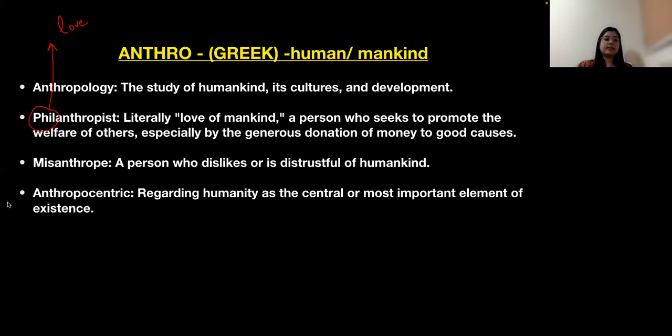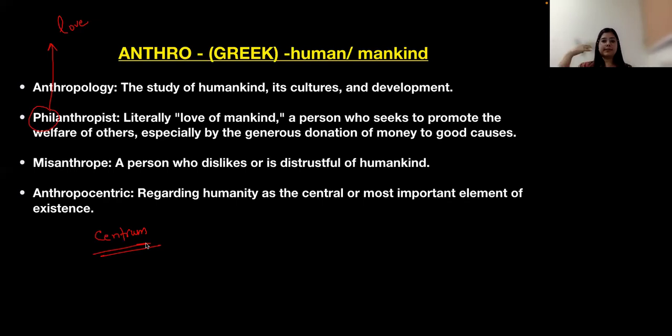centrum or centric again is a root word. Centrum is the root word, centric is derived out of it. Centrum means the center. So if I say someone is an egocentric person, now again this has two root words. Ego means something that has to do with I. So egoistic, egotistic, egocentric, egomaniac.